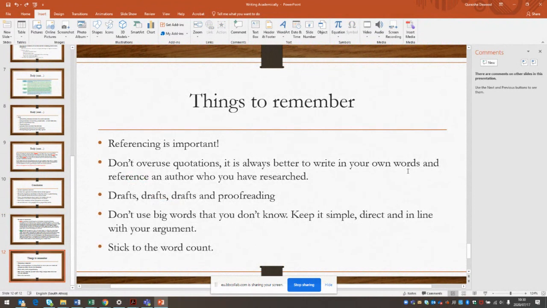So here are some things to remember when you write your essay or assignment. Referencing is important, okay? It's super important because you don't want to be stuck with plagiarism or having inconsistent referencing. Inconsistency means that, yeah, you do reference, but sometimes you're using Harvard, sometimes you're using APA, sometimes you've left out the journal name, or you've left out a date.